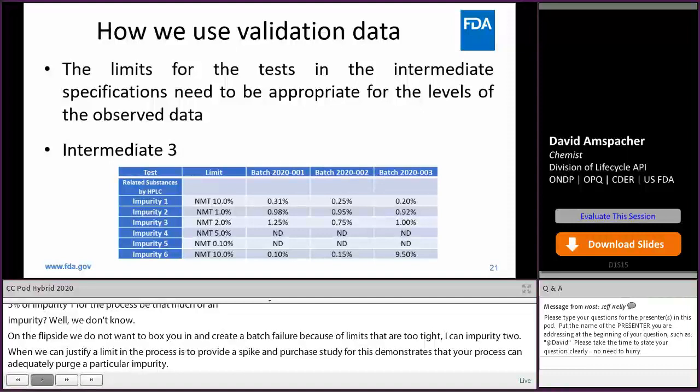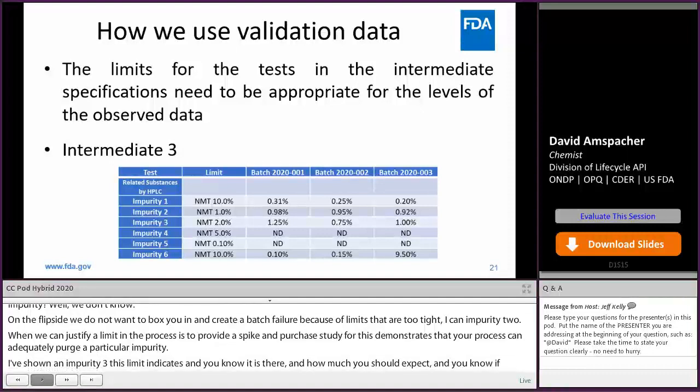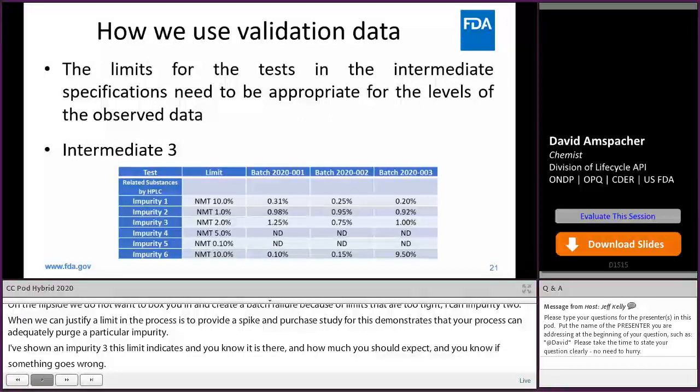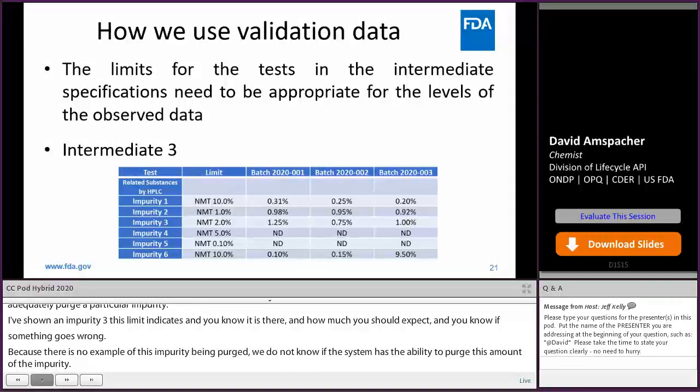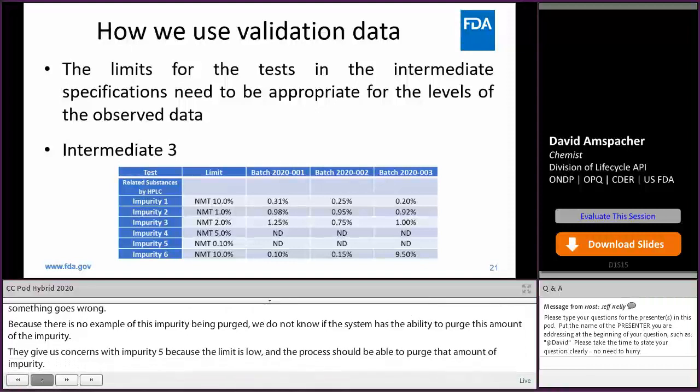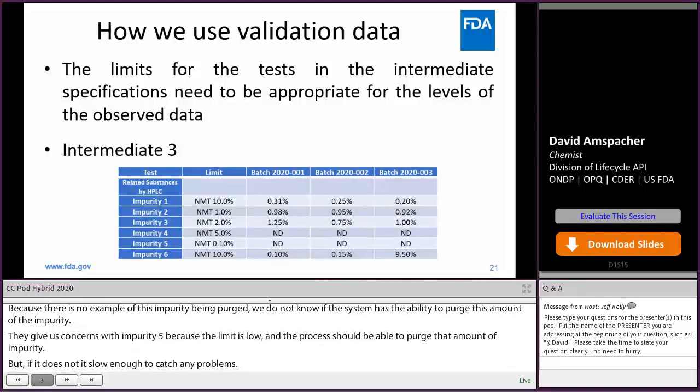Because there's no example of this impurity being purged, we do not know if the system has the ability to purge this amount of the impurity. We would be less concerned with impurity 5 because the limit is low and the process should be able to purge that amount of an impurity. But if it does not, the limit is low enough to catch any problems. Impurity 6 is a situation where we see wild swings in results. This indicates a lack of understanding and control of the process.